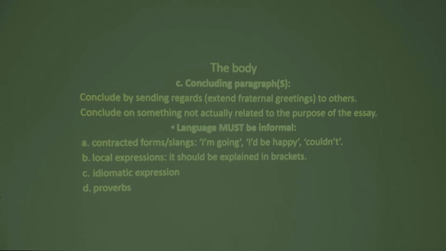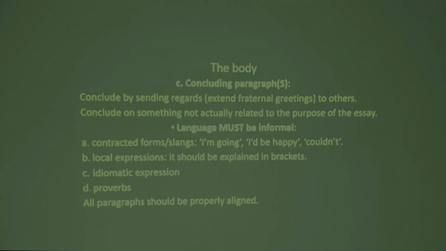Right? So each of you here should have studied the 25 idiomatic expressions and proverbs by our next meeting. Good. Then we say all paragraphs should be properly aligned. That one too, we shall look at it later.